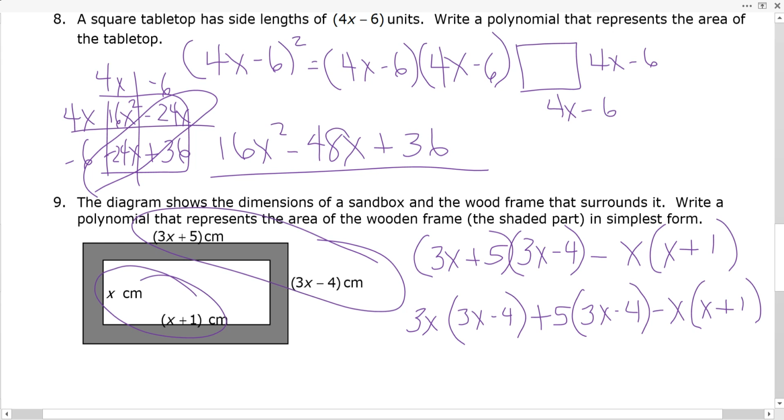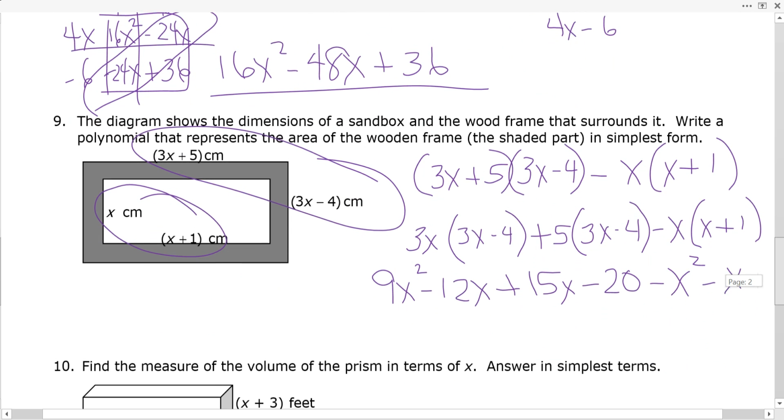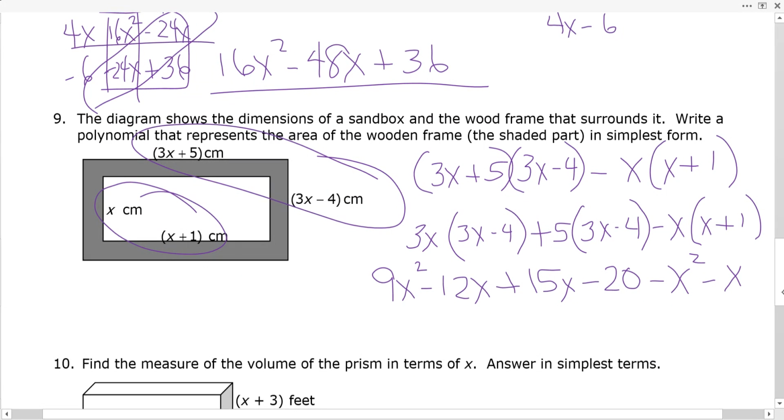Plus 5 times 3x minus 4 minus x times x plus 1. Okay. So 3x times 3x, 9x squared minus 12x plus 15x minus 20 minus x squared minus x. I can stack my x's and my x squared.